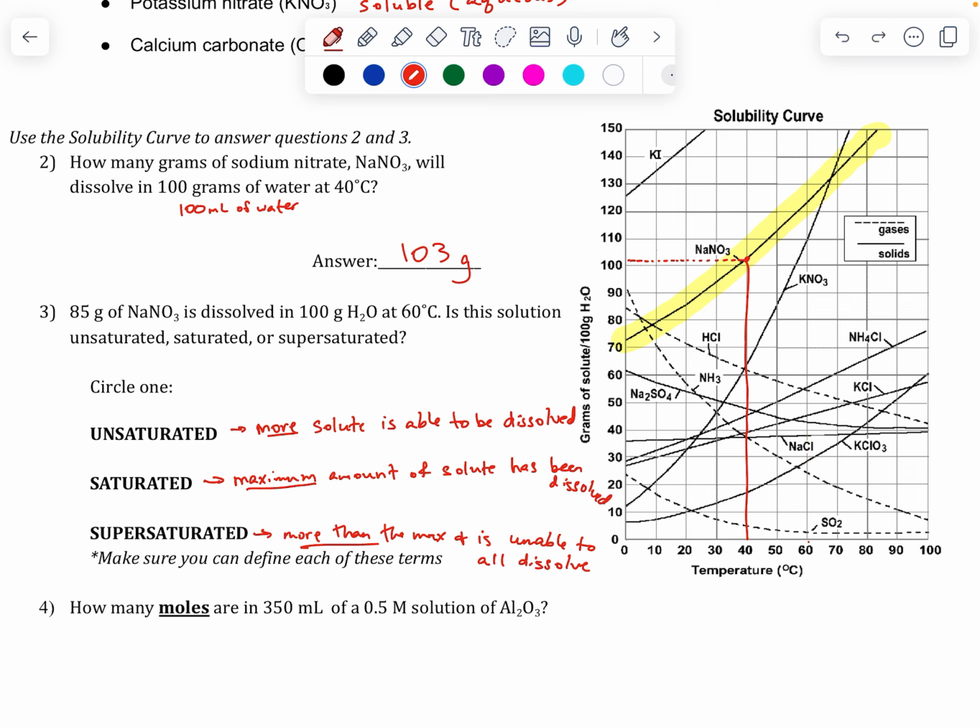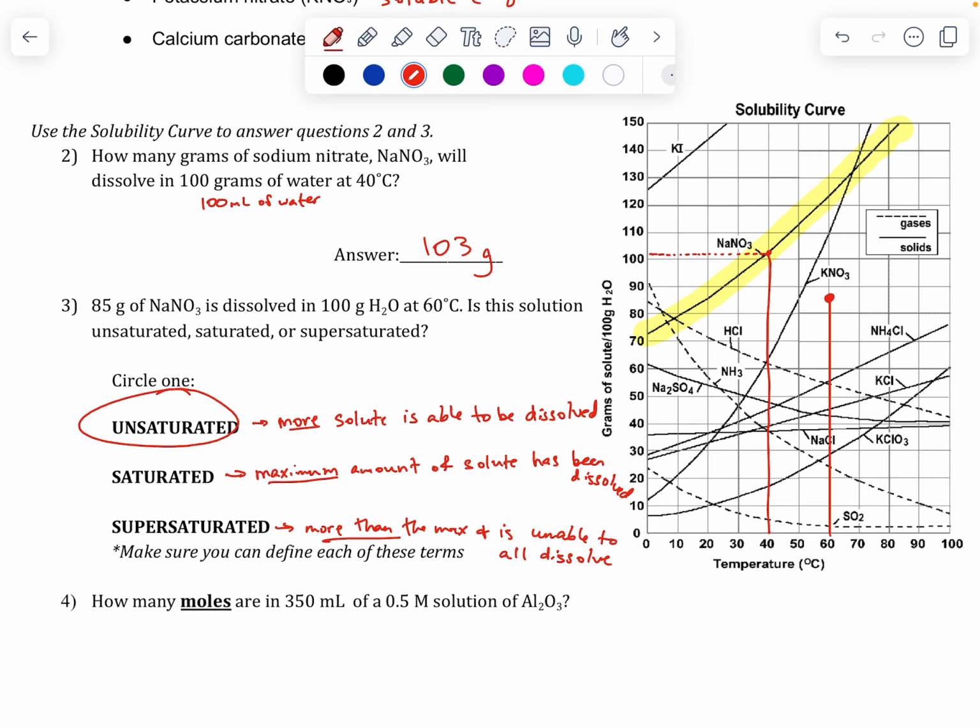Whoa, that deviated right off that path, huh? This is, I believe, 80 to 85. And we see here's where we are in terms of how much we have dissolved, and this is our line. It's well under it, so that's why we know that would be unsaturated.